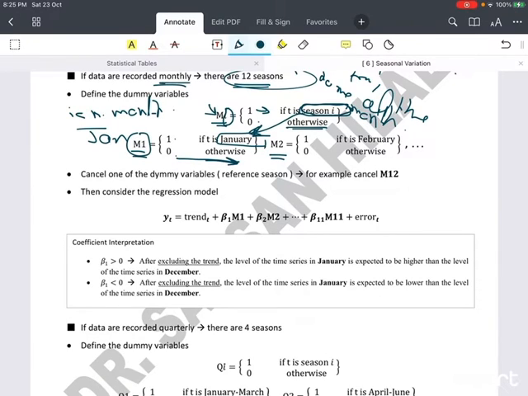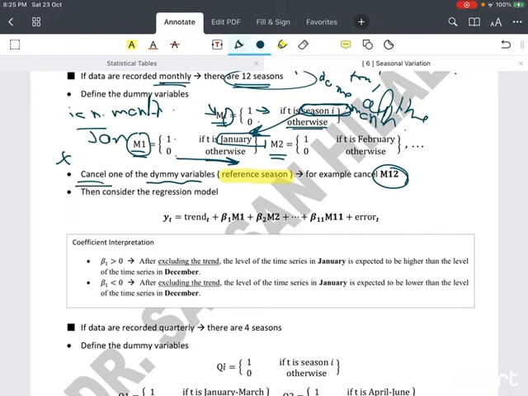Then cancel one of the dummy variables and name it the reference season. For example, cancel M12. What does this sentence mean? It means I have 12 seasons, right? I will choose, or the exercise will choose for me, to delete one of the seasons.